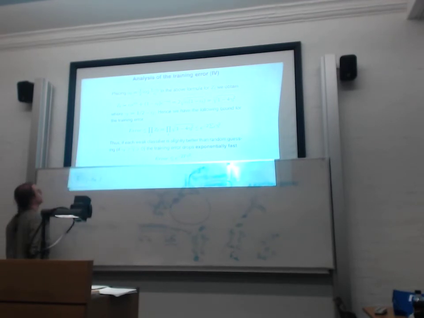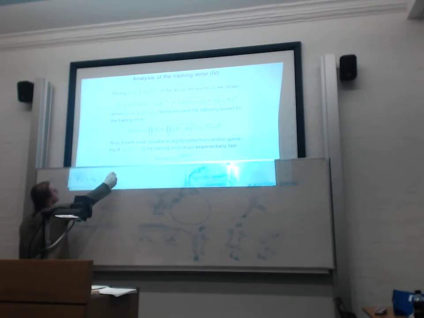We have a negative on the inside, so we have epsilon t over 1 minus epsilon t.